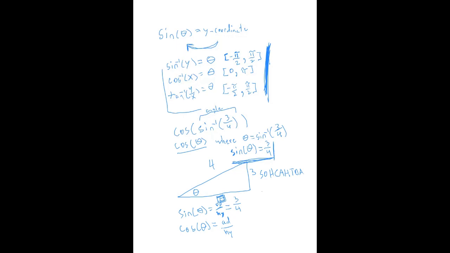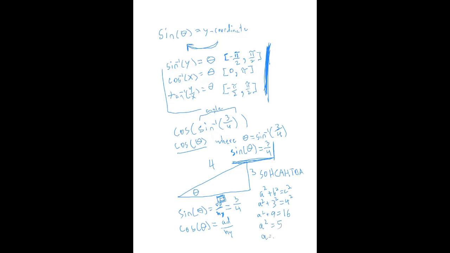So all I need to do is figure out exactly what this adjacent side is. Well, I know that a squared plus b squared is equal to c squared. So if b is 3 and c is 4, then all I have to do is solve for a here. So 3 squared is 9, 4 squared is 16. So a squared plus 9 equals 16. So a squared is equal to 16 minus 9, which is 5.